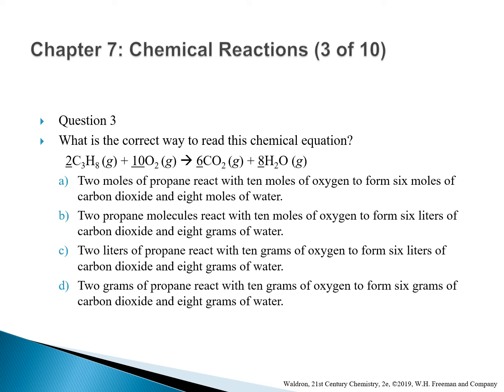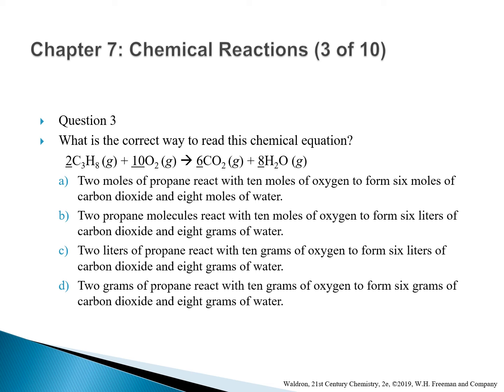Question 3. What is the correct way to read this chemical equation? A. 2 moles of propane react with 10 moles of oxygen to form 6 moles of carbon dioxide and 8 moles of water. B. 2 propane molecules react with 10 moles of oxygen to form 6 liters of carbon dioxide and 8 grams of water.